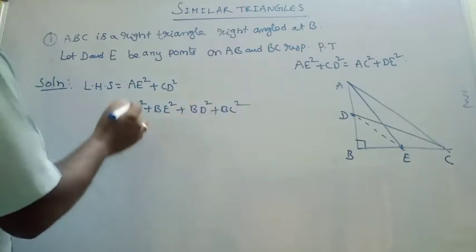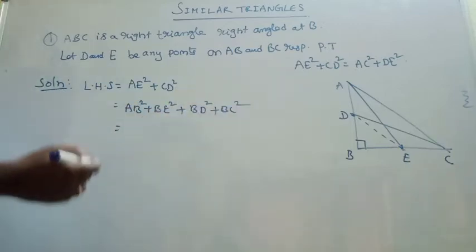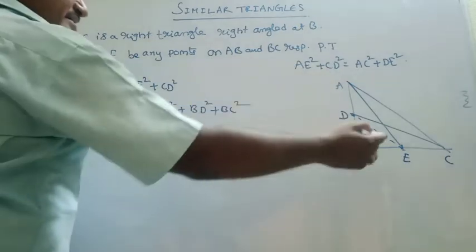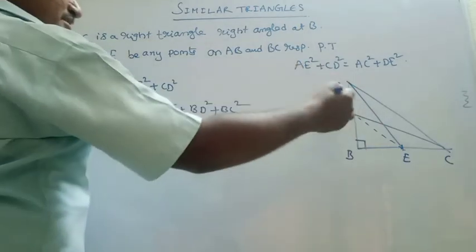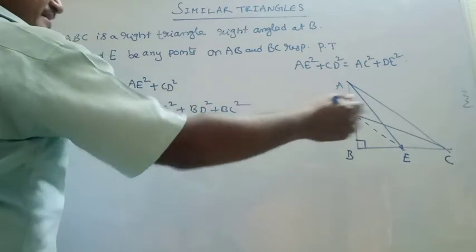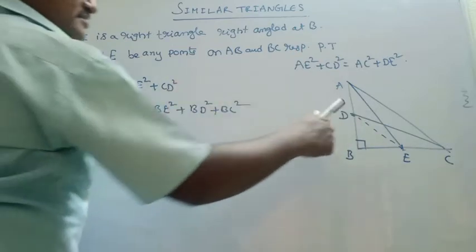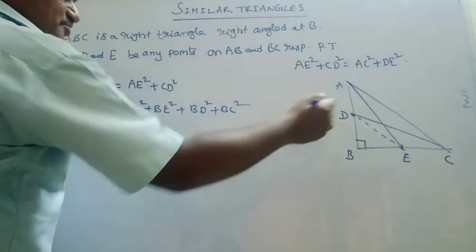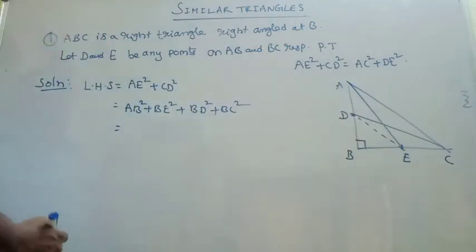Once again I am repeating: in ABE, AE square is equal to AB square plus BE square, and in BDC, CD square, acting as the hypotenuse, is BD square plus BC square.